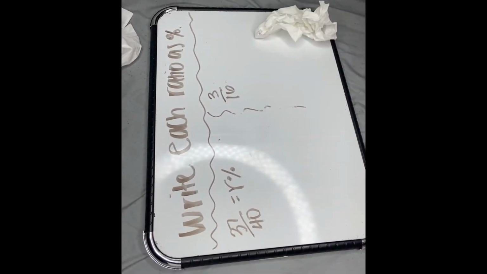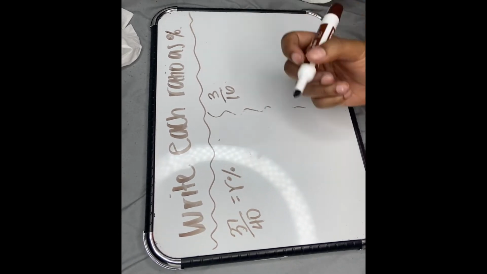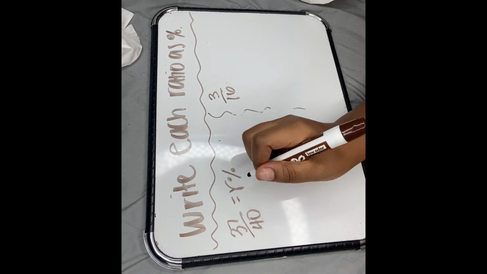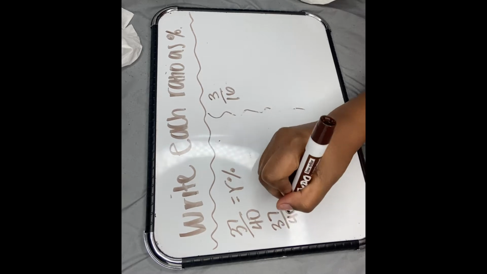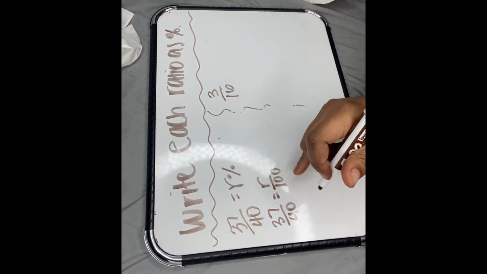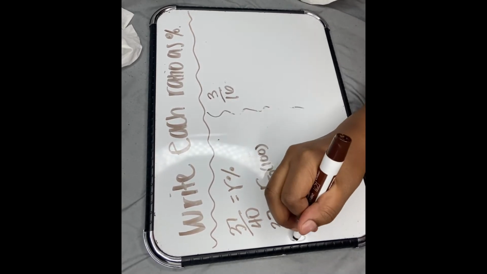Okay, so starting out with percents, we're going to write each ratio as a percent. So one way we could do this is write 37 over 40 equals our percent. So we'll have 37 over 40 equals R over 100. To get R by itself, we'll multiply 100 by both sides.